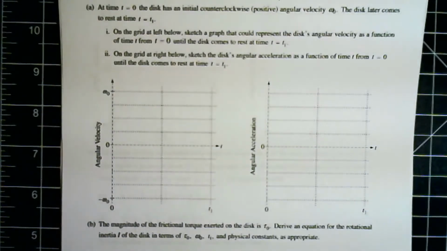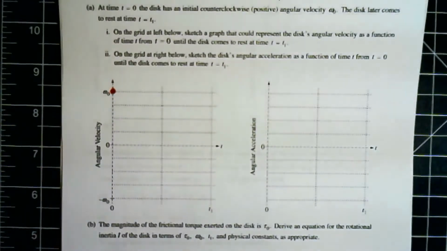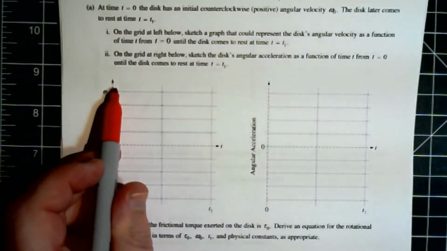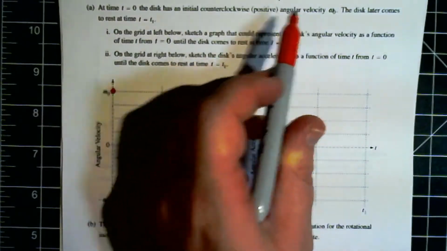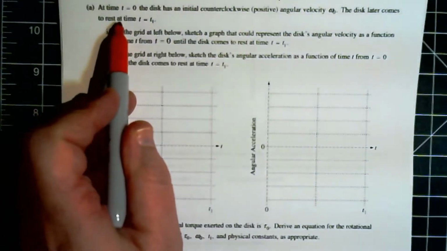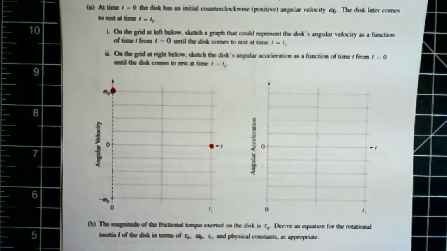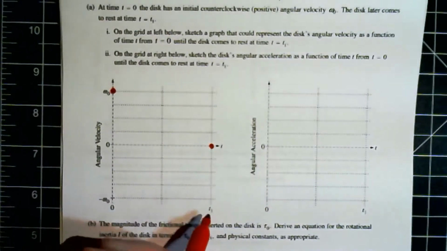And so you would treat this problem as an old kinematic style problem, and the graphs would correspond to kinematics or constant acceleration situations. So for this disk, if it starts at 0 time and it has an initial counterclockwise positive angular velocity, it has to start here. And it says the disk later comes to rest, so the velocity at t1 is 0. So it has to have 0 velocity at that final time t1.